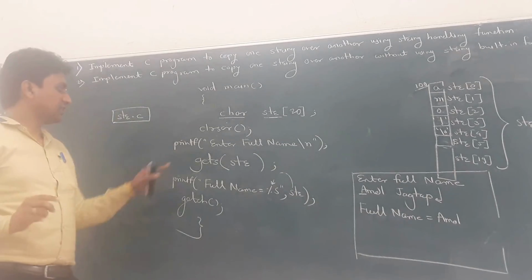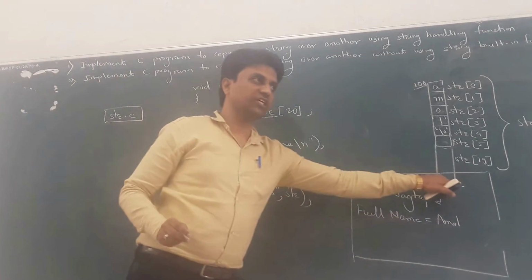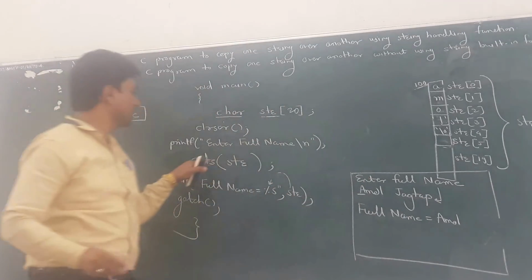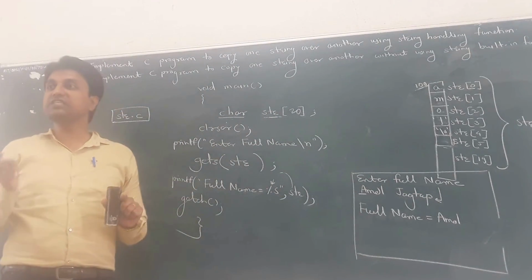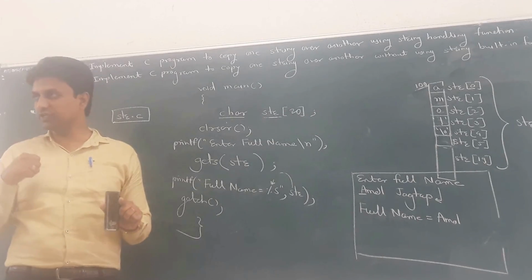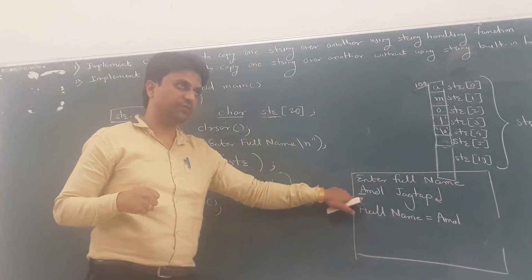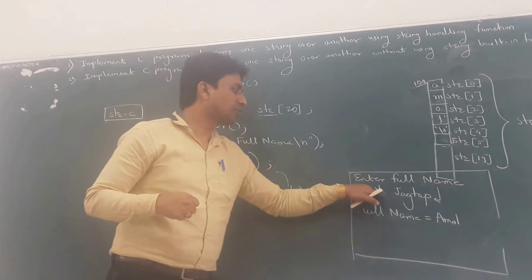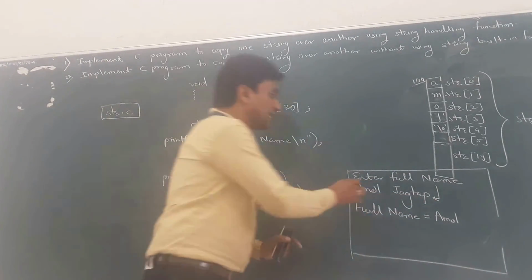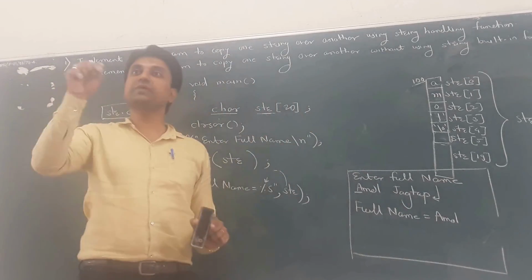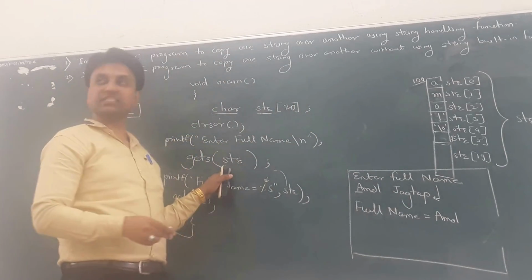Now what happens? Enter full name. This message is printed on the console. After that, the cursor is blinking. For what? gets. gets means get a string from the user. For that purpose, the cursor is blinking. And suppose you write Amol space Jagtap and press enter. So what happens? That total string with spaces is assigned to str.